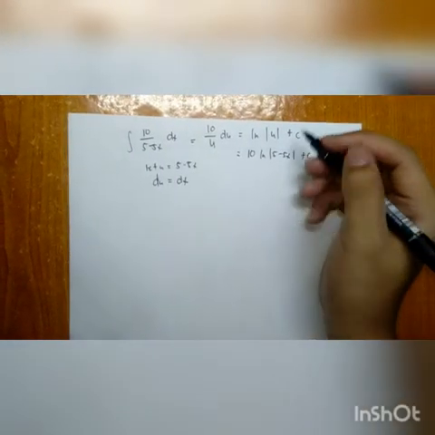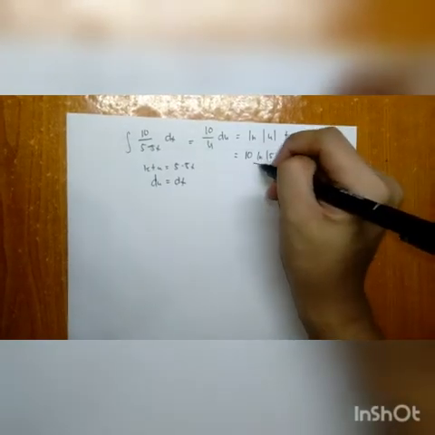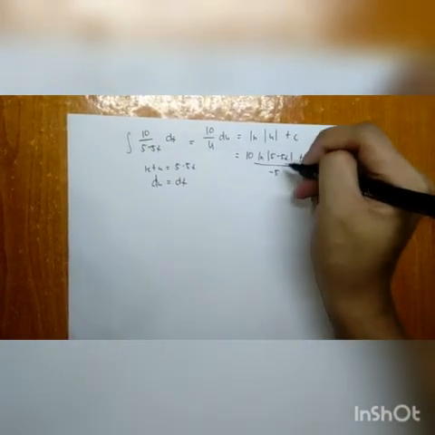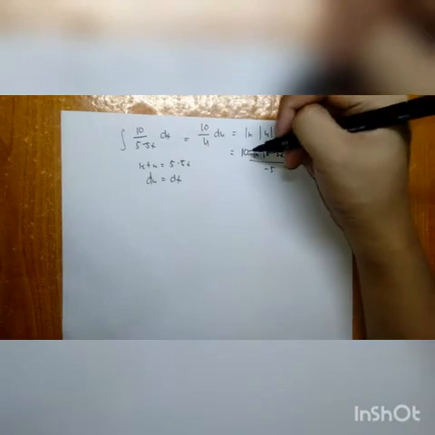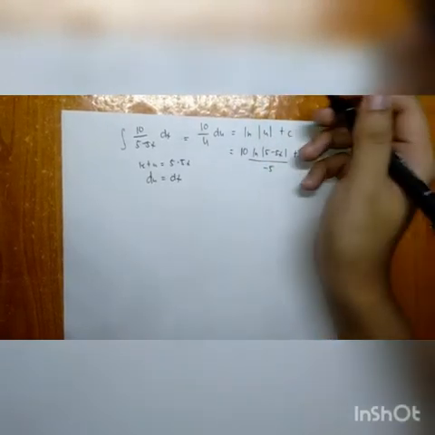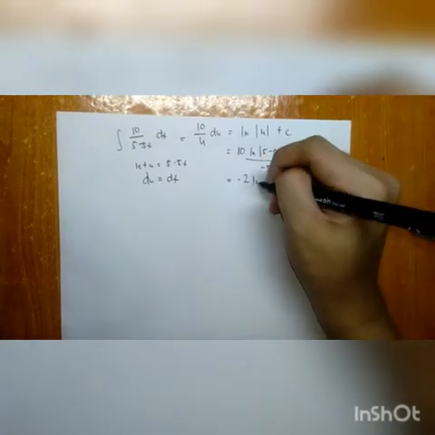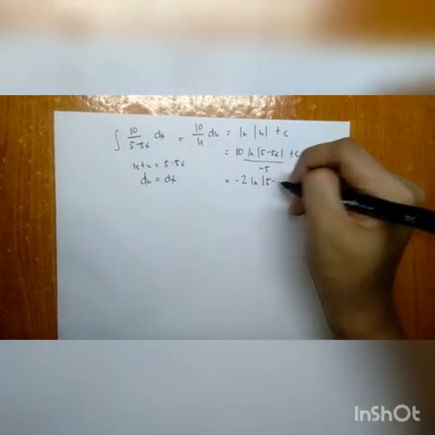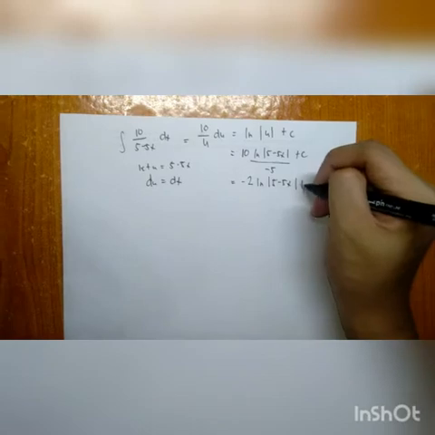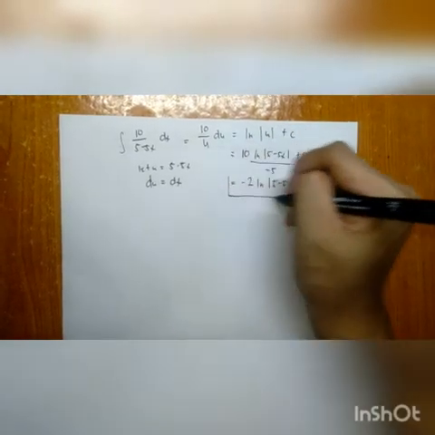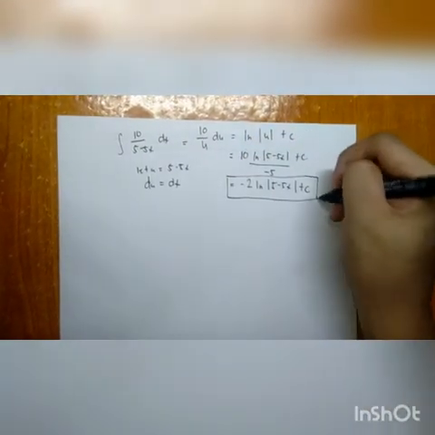Now we will find the derivative of u, which is negative 5, and we will use that to divide the numerator 10, which gives negative 2. Then just copy the rest, plus c. Here is our answer.